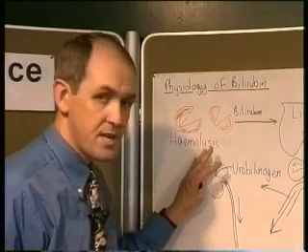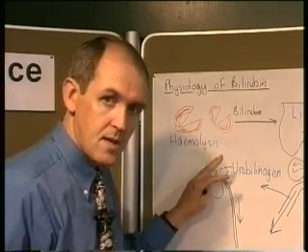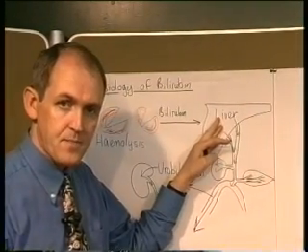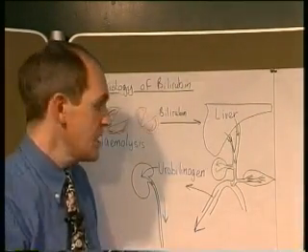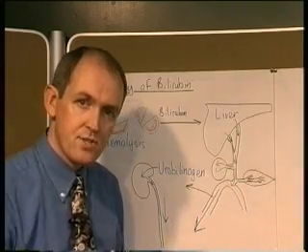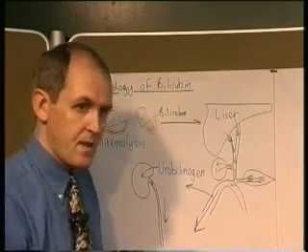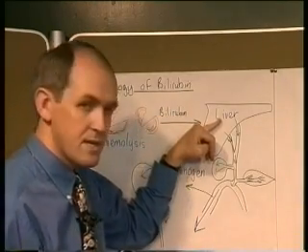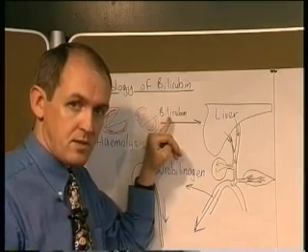So jaundice may be prehepatic. Going on to the liver, jaundice may also be hepatic. Now in hepatic jaundice, there's some pathology in the liver, which means that the liver is not working properly. That means that the liver is unable to take up the bilirubin, so the bilirubin remains in the blood.